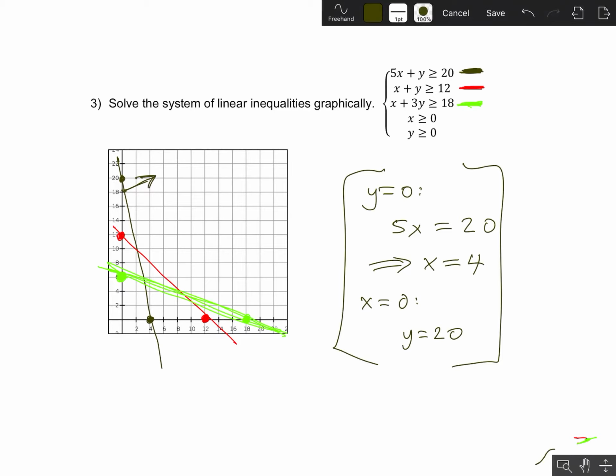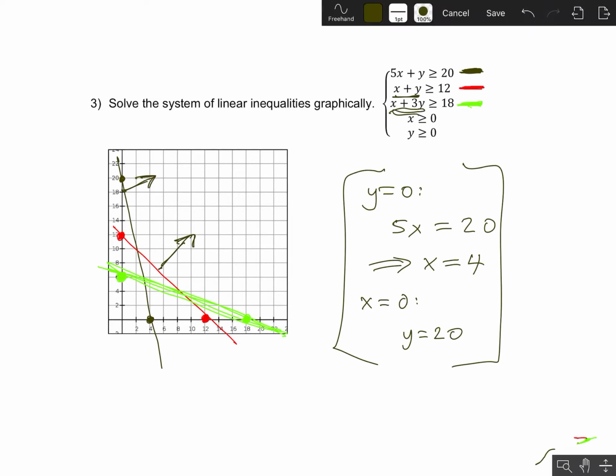And then we can do the same thing for the red region. So I'll speed things along, but we'll plug in 0, 0 again. So that would be 0 plus 0 is supposed to be bigger than 12. That's also false. So that means that the region for the red inequality should be this region, the one that lives above the red line.